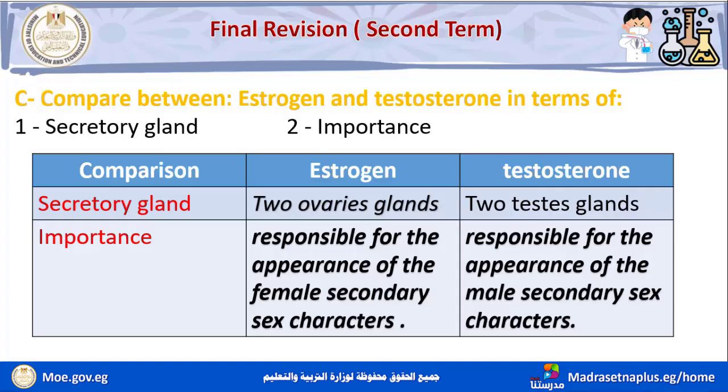Estrogen, its importance: it is responsible for the appearance of the female secondary sex characters. Importance of testosterone: it is responsible for the appearance of the male secondary sex characters.